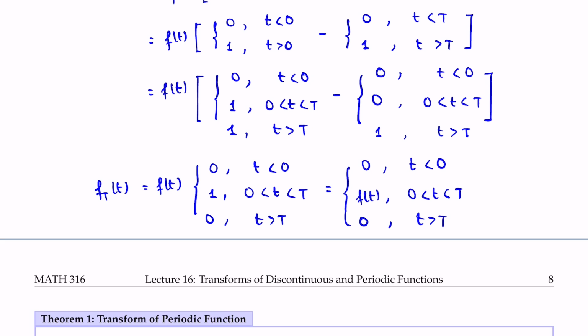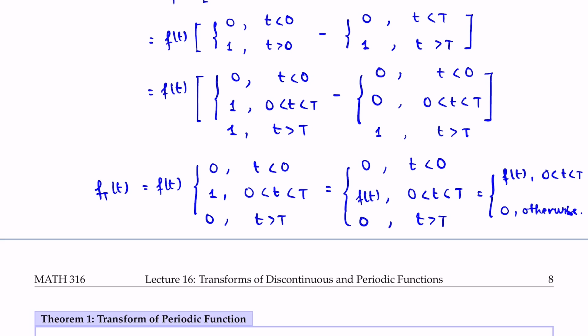Now you can present the function in terms of a piecewise defined function like this, or you can shorten it a little bit as follows. So the function is equal to little f of t when t is between 0 and the period, and 0 otherwise.